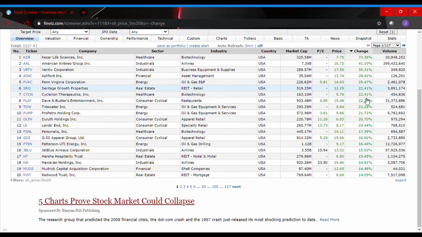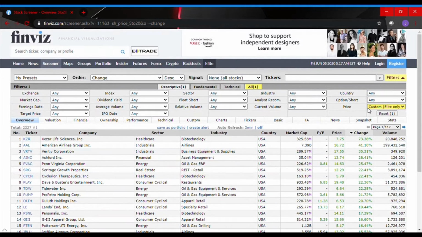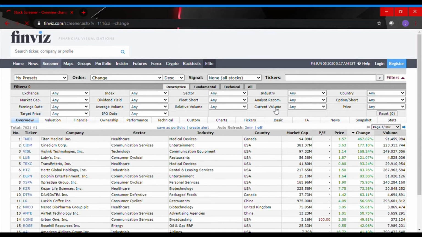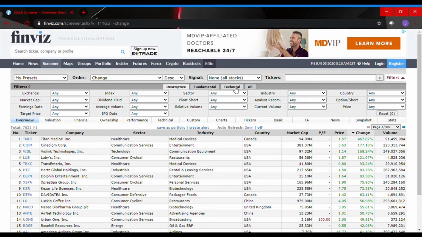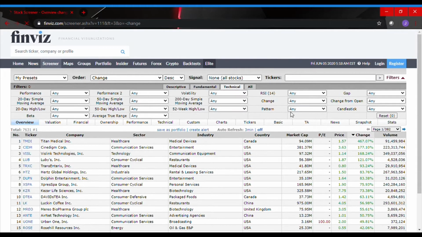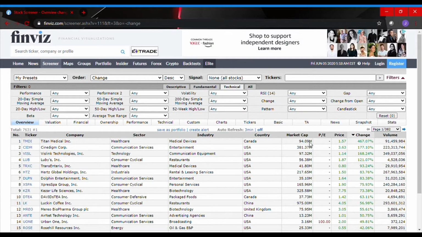The way I trade, I want stocks that have a lot of buyers. I'm a bullish trader. I'm buying in hopes that the stock is going to go up further. My style of trading is a technical trader. I trade patterns. I like to see stocks' support and resistance levels.